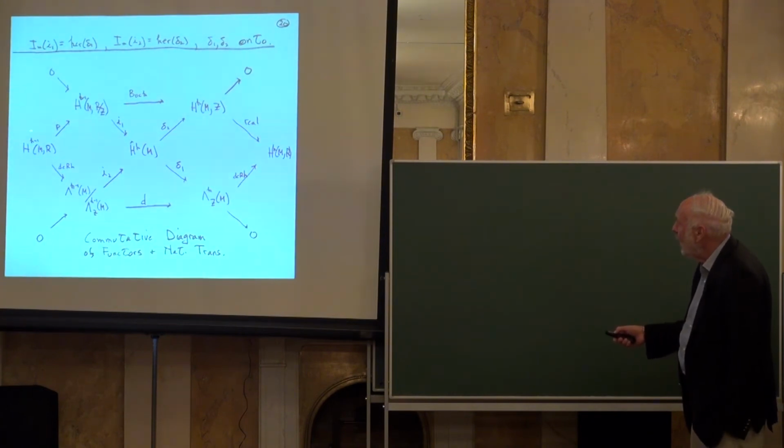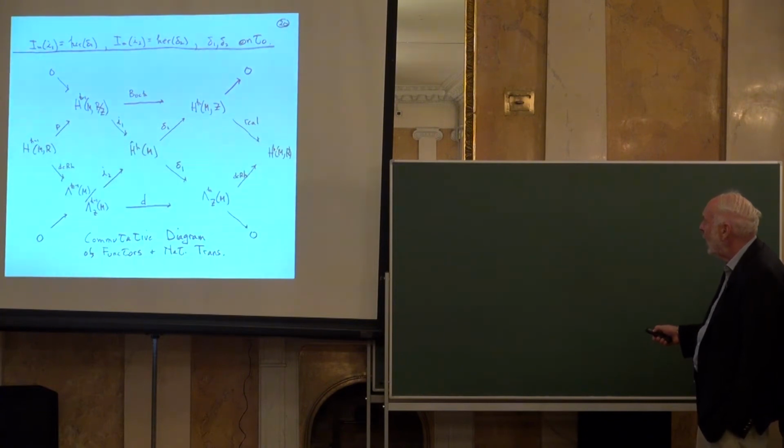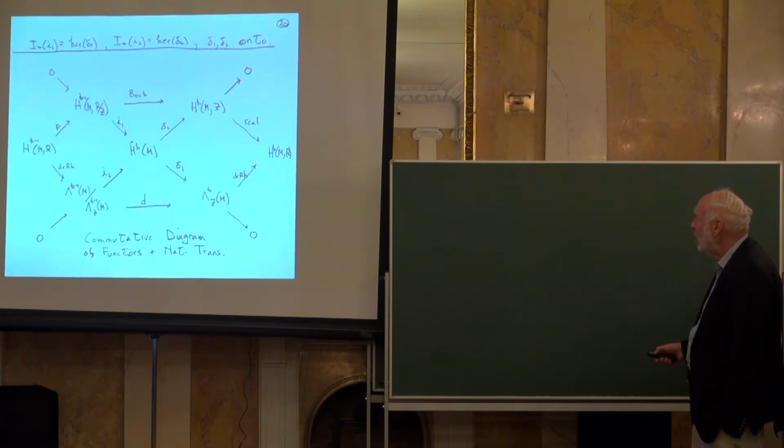Now, on the other hand, upstairs is the Bockstein sequence. It's a piece of the Bockstein sequence. So this is an exact sequence on the top. Not a short exact sequence, but an exact sequence. And so is the bottom an exact sequence. It's just a de Rham sequence. So now I have this commutative diagram of functors, and these are all natural transformations.